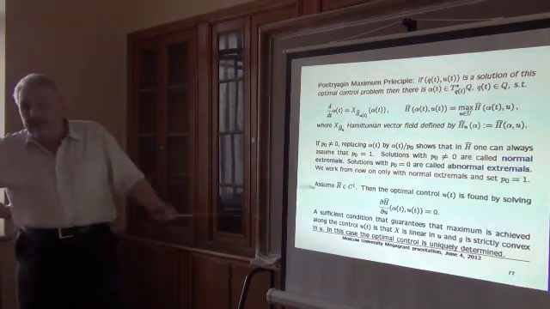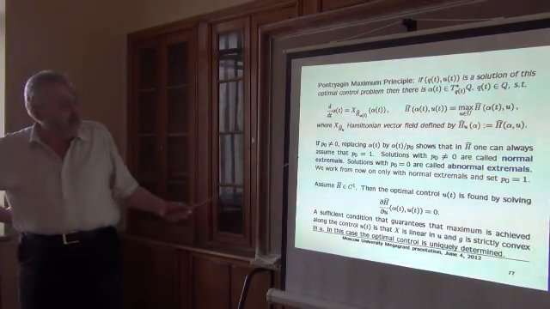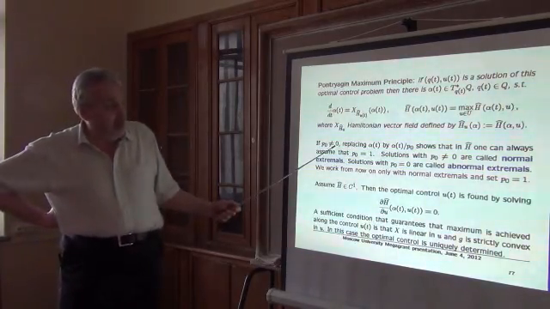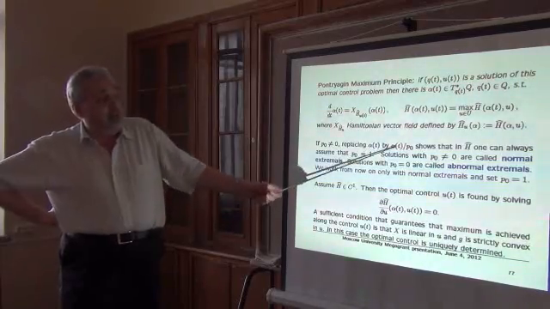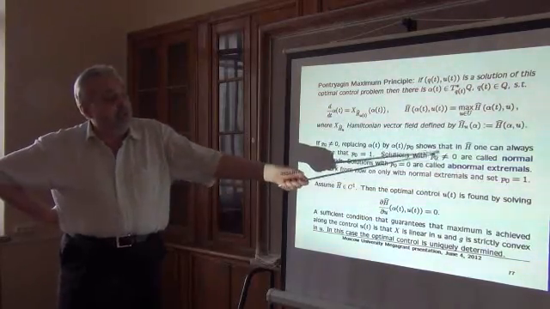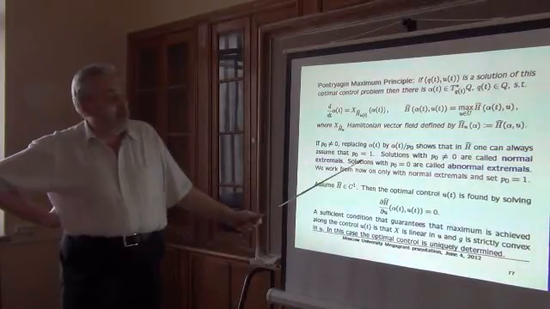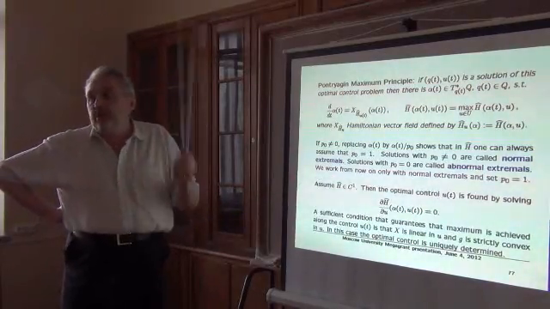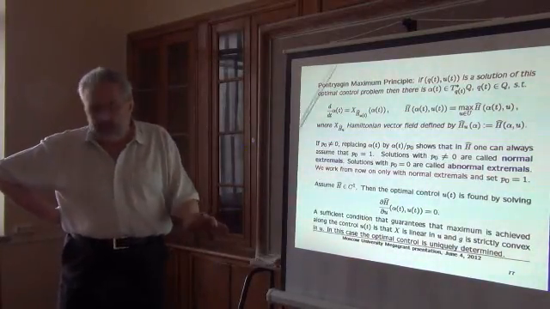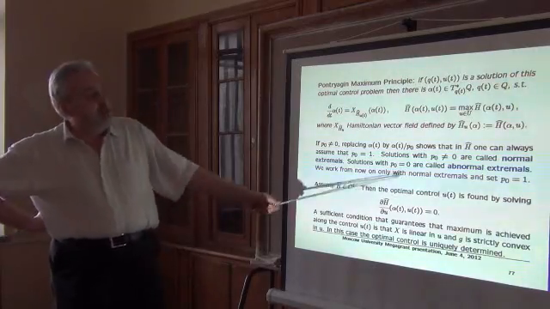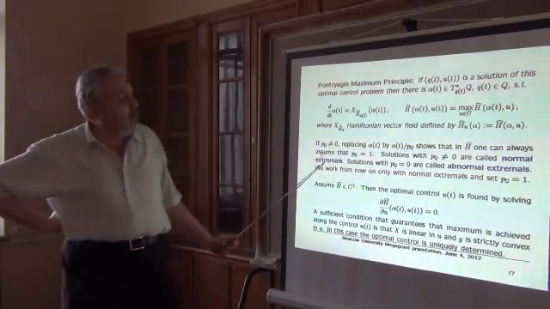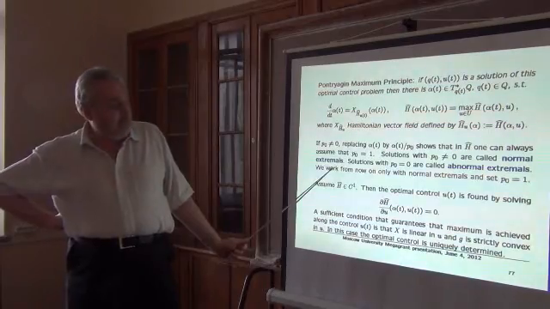Now let me show you how concrete this is. If P0 is different from 0, obviously if I replace alpha t by alpha t over P0, in H hat, one can always assume that P0 is 1. So I really have P0 is 1 or P0 is 0. Right? That much. Solutions with P0 equal to 1 are called normal extremals.